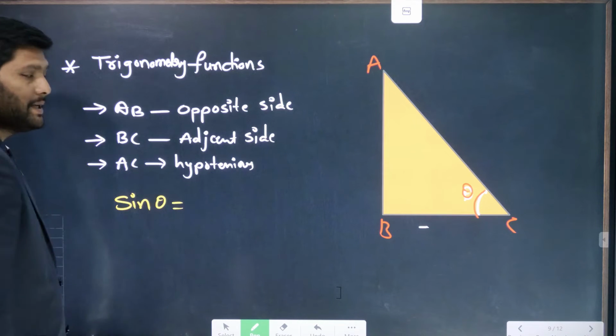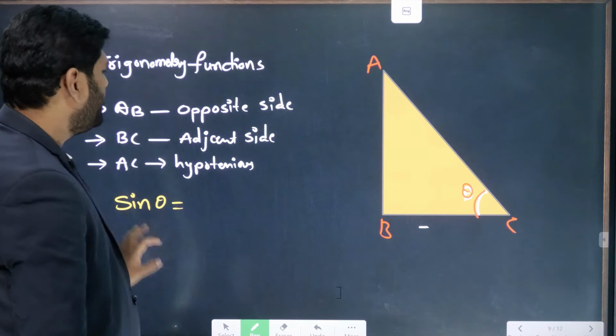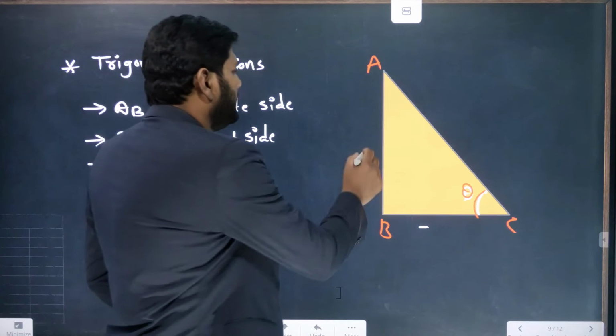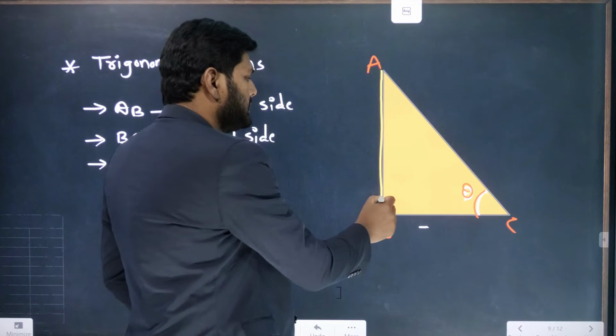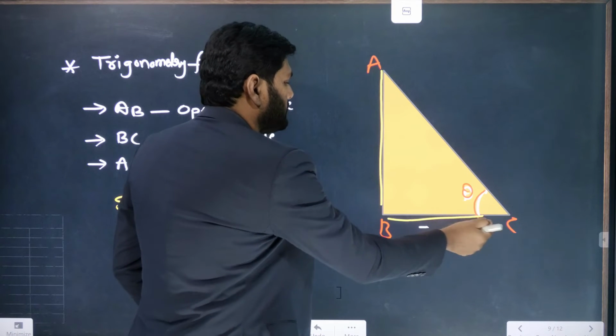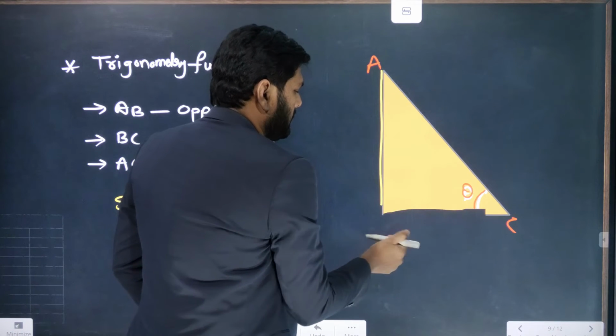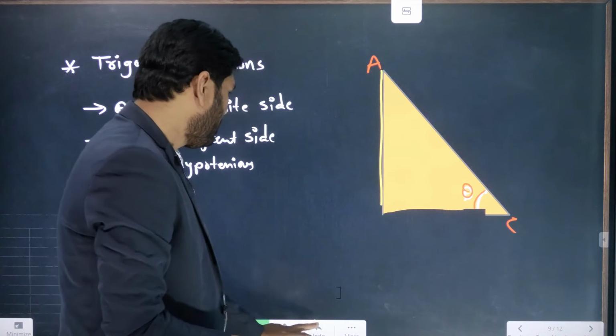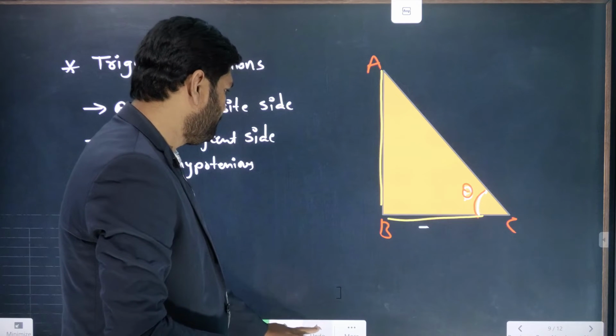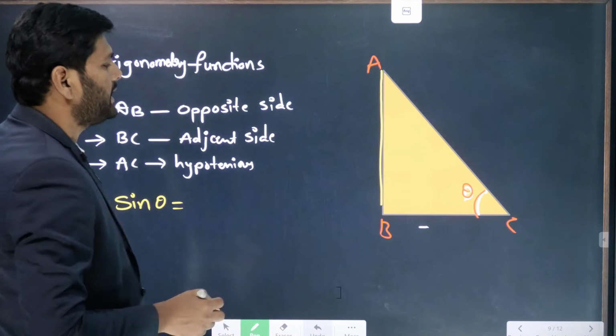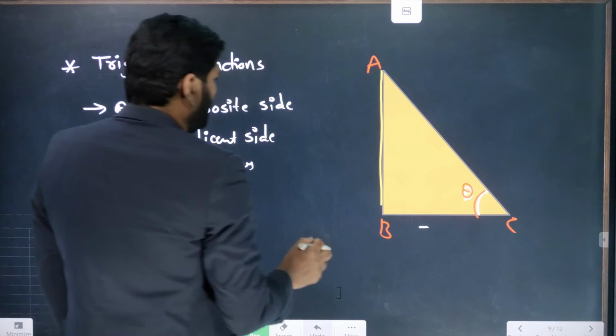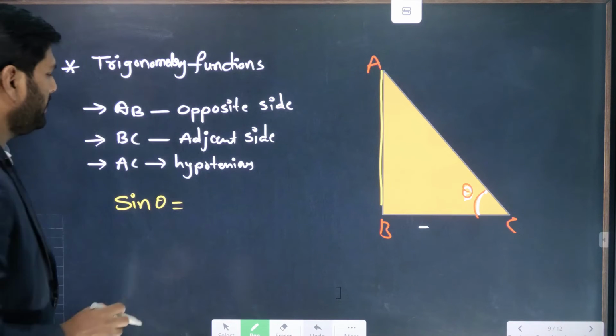Sine theta is nothing but opposite side by hypotenuse. Here opposite is AB.